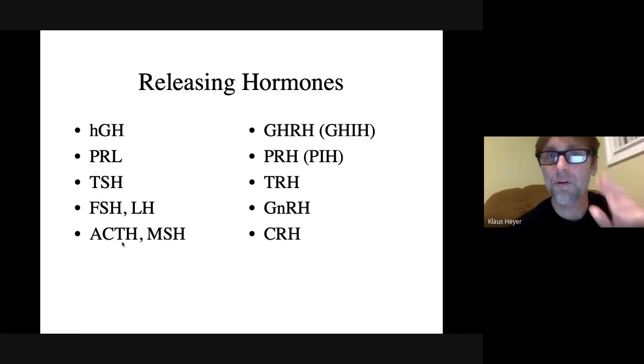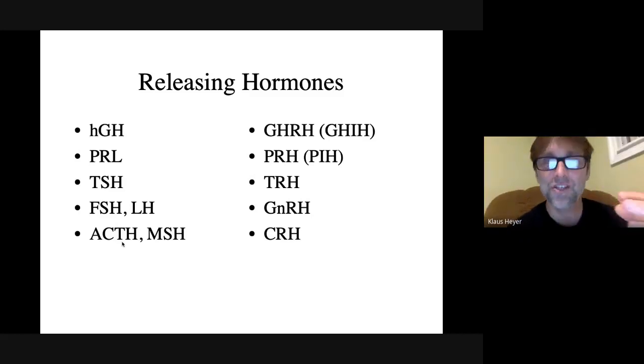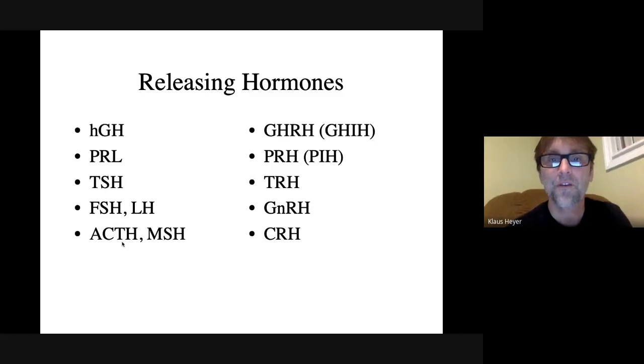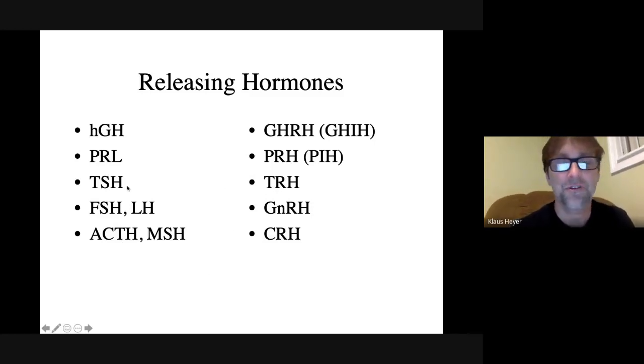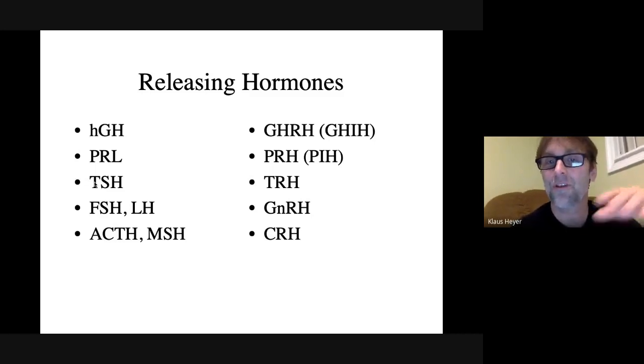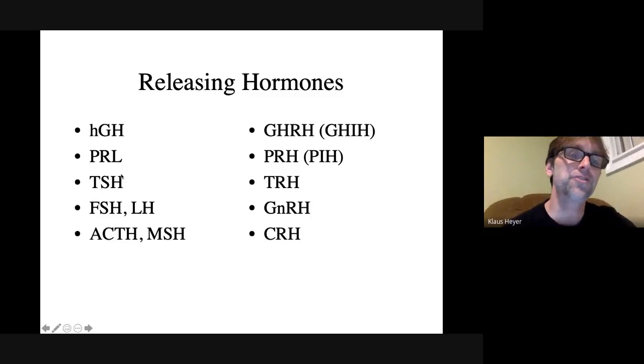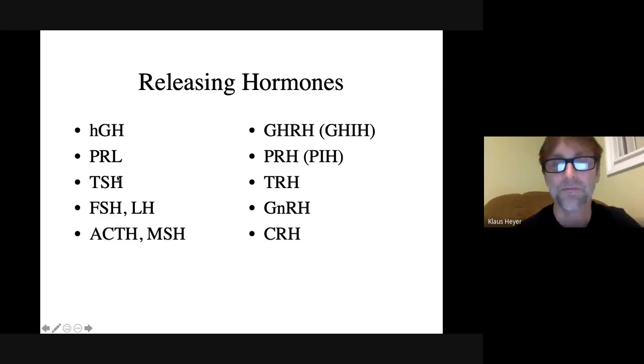Once the issue is fixed, it's going to stop on its own. So if you stop making TRH, thyrotropin releasing hormone, TSH won't be made. Once you get normal thyroid levels, the hypothalamus will stop making this releasing hormone, and then your pituitary will stop making TSH.